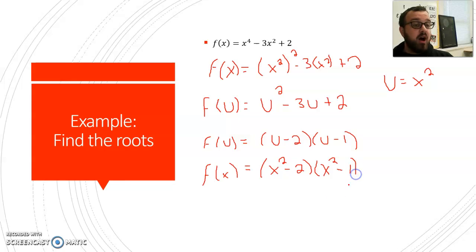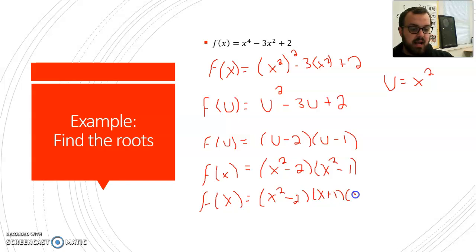Hey, x squared minus 1, I can factor that. That's a difference of squares. I know that factor pattern. And so now I can rewrite this as x squared minus 2 times x plus 1 times x minus 1.